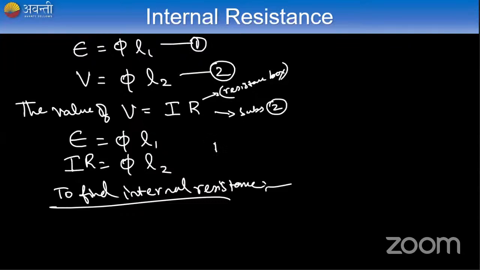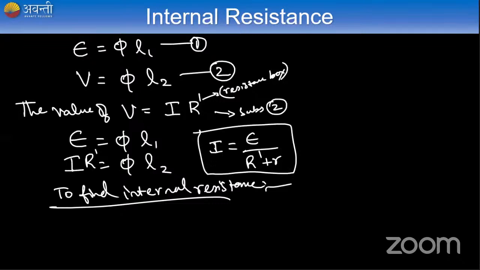We got I is equal to epsilon upon R dash plus R. Substituting here, we get epsilon is equal to pi L1, and epsilon upon R dash plus R is equal to pi L2.